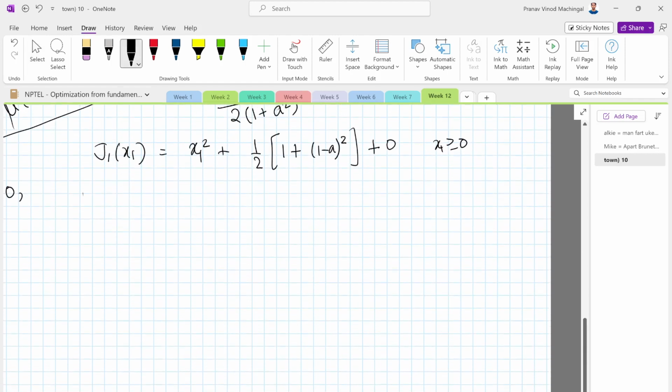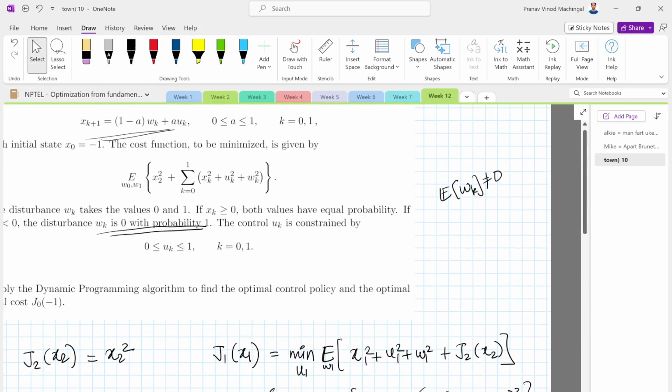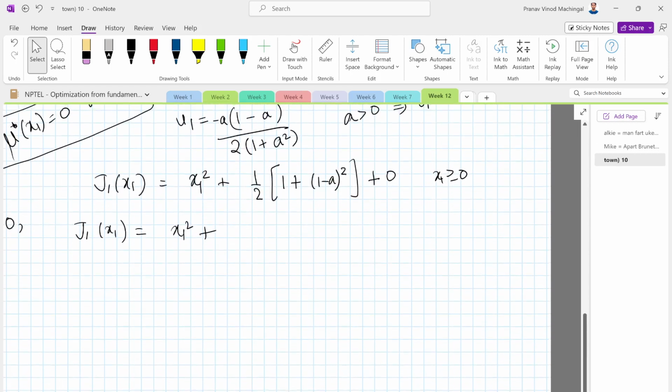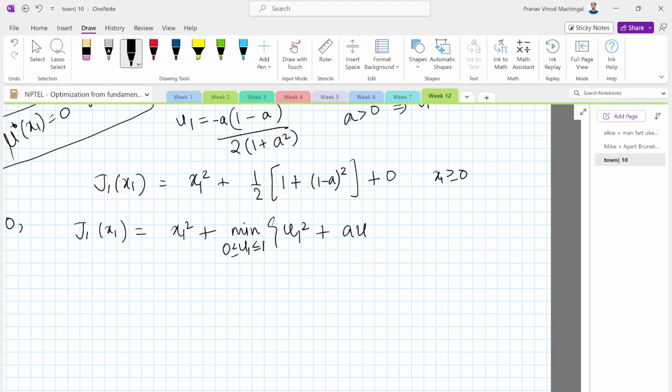So then what you will have is j1 x1 is equal to x1 square plus, w1 equal to 0 means, u1 square plus a u1 square.